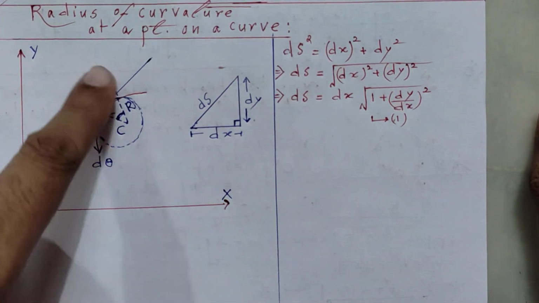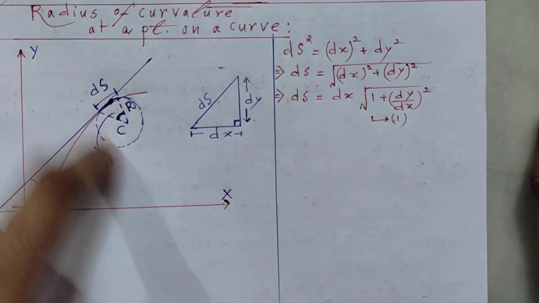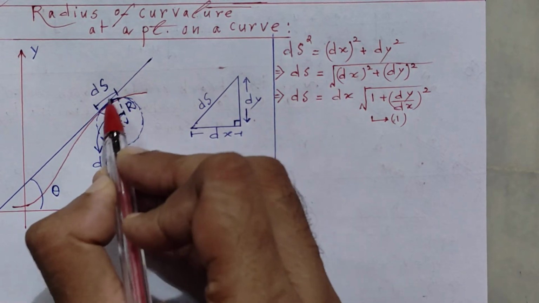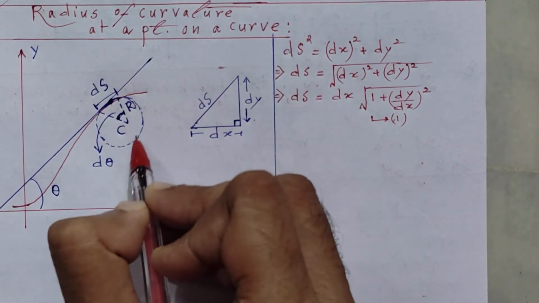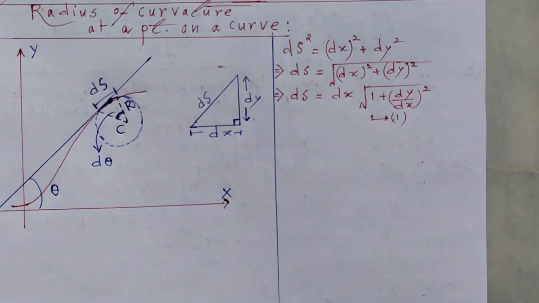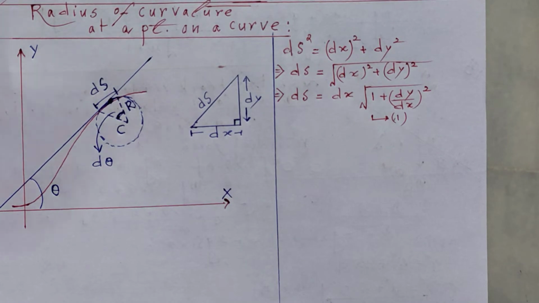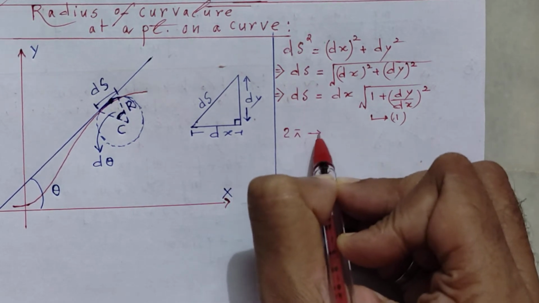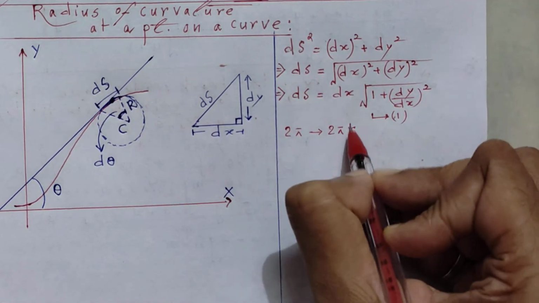Now this ds subtends some angle d theta here. So please understand that 360 degree means 2 pi radian. So for 2 pi radian you will cover the entire circumference of the circle. So 2 pi radian covers 2 pi r distance, where r is the radius of the circle.